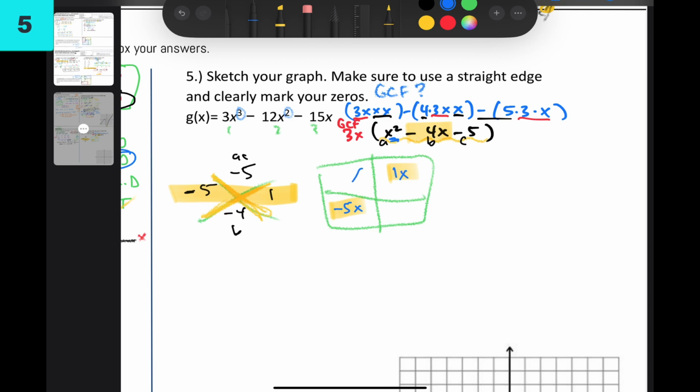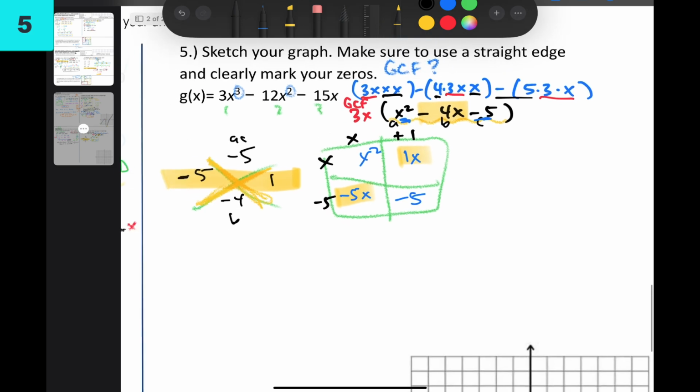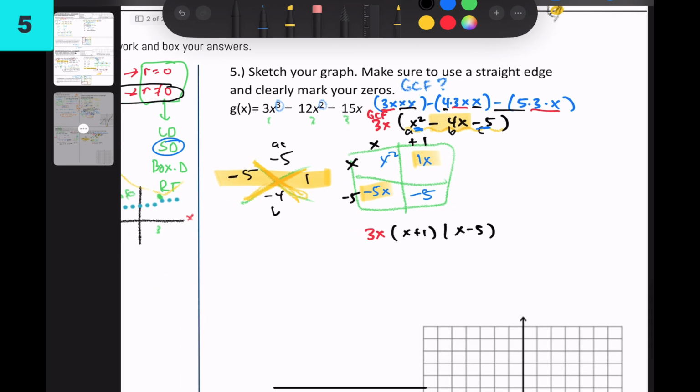Put the first term, last term, and let's fill out the outsides now. X, negative 5, positive 1. Okay, pay attention now. So to factor this, I have 3x. Then the stuff on the outside, x plus 1, x minus 5. Okay, this is my answer for factoring.